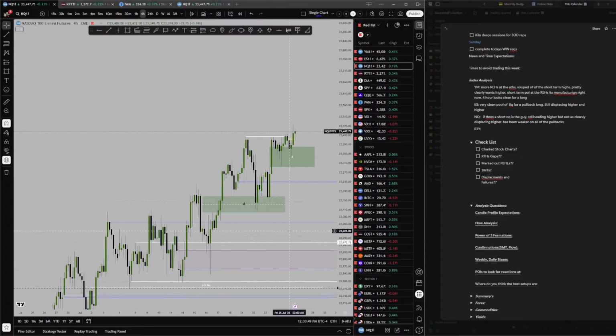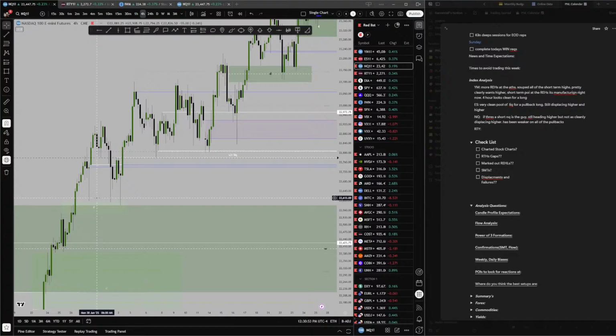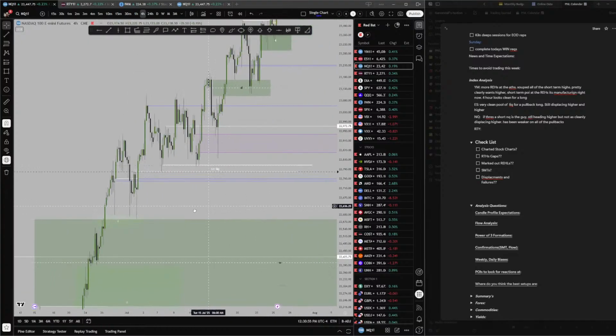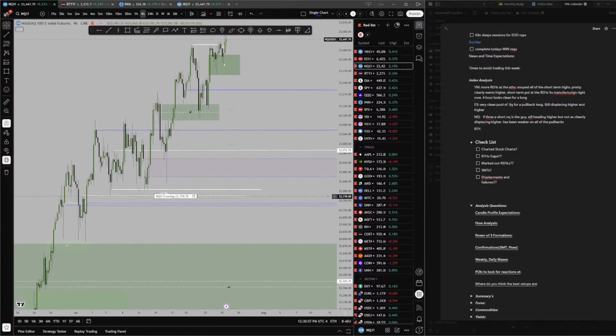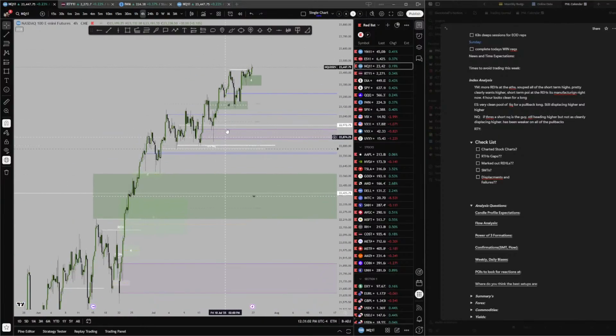And it's been leaving lots of nice lows, like this low here. I mean, this was all swept out, but there are some really clean pools of liquidity. If it's going to be a higher time frame move, it looks like it'd want to just soup all of these smooth lows out.